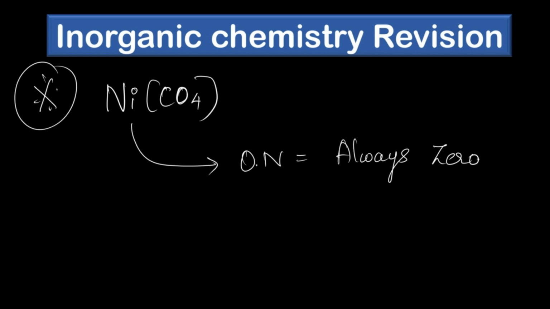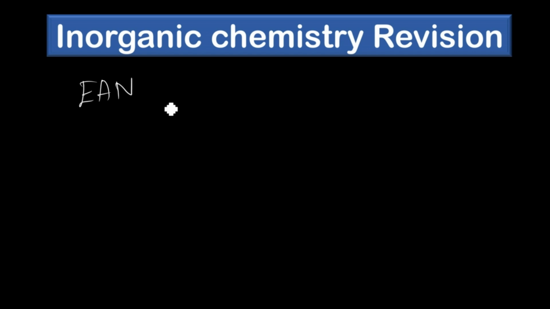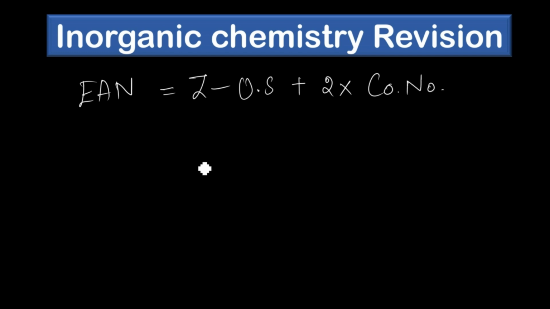Then EAN, which is the effective atomic number. EAN is equal to atomic number minus oxidation state plus 2 into coordination number. What is coordination number? The number of coordinate bonds formed, not just the number of ligands. For example, take [Co(NH3)6]3+. Ammine here is a neutral ligand, so whatever the charge on the complex becomes the oxidation state of the central metal.